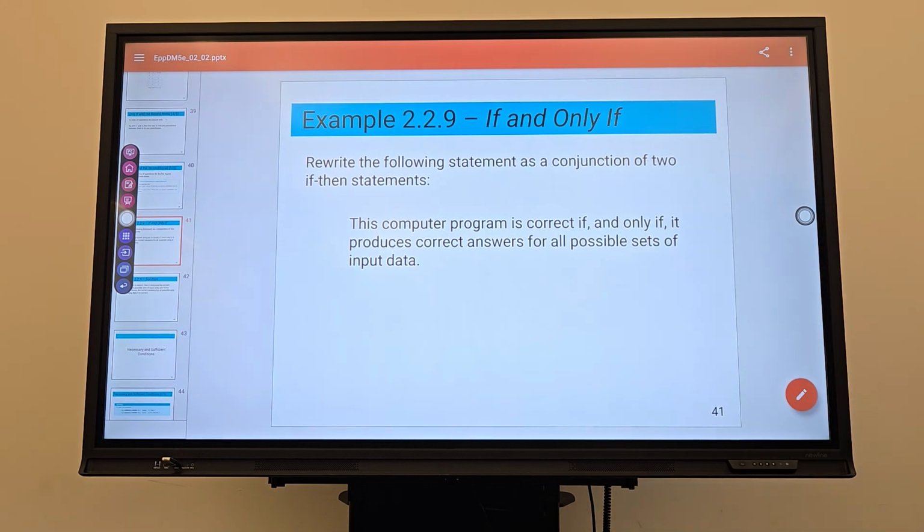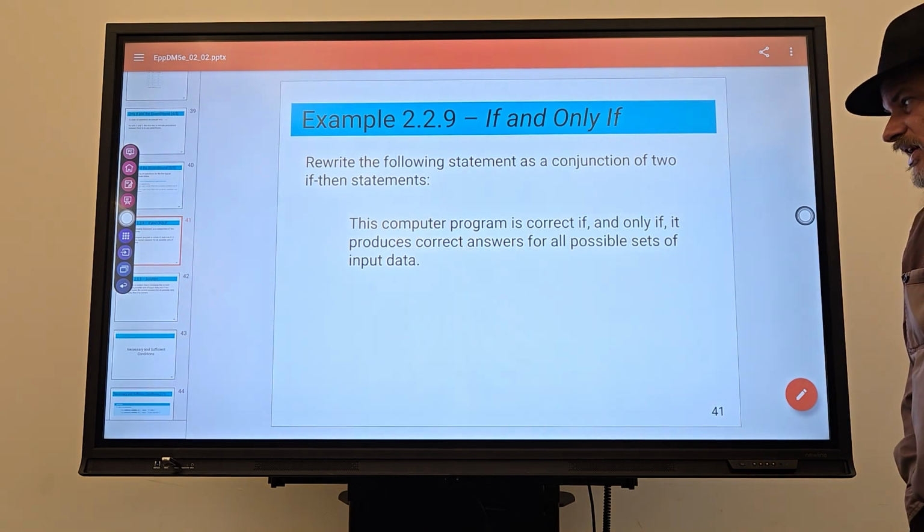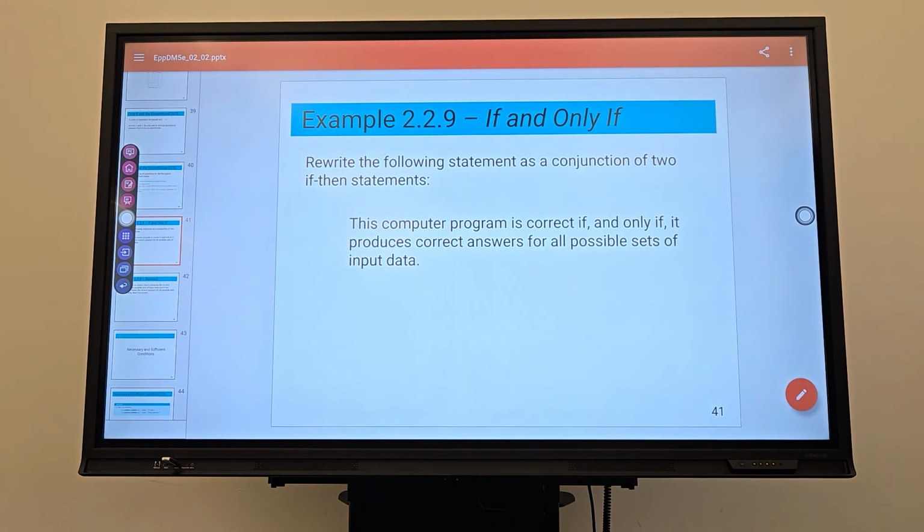So it would be if the computer program is correct, it produces correct answers for all possible sets of input data. And if the computer program produces correct answers for all possible sets of input data, then the computer program is correct. Goes both ways.